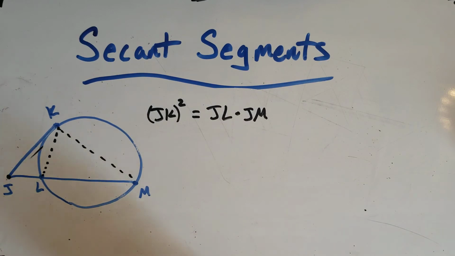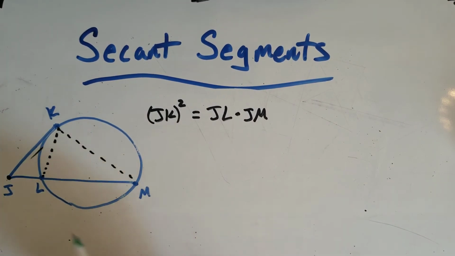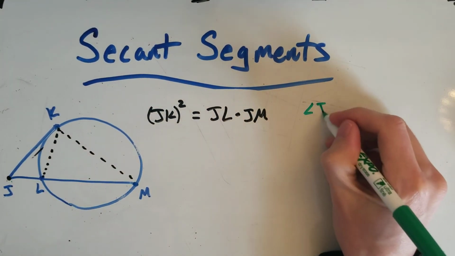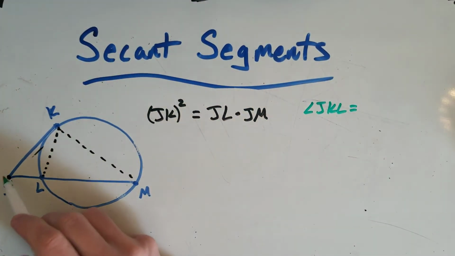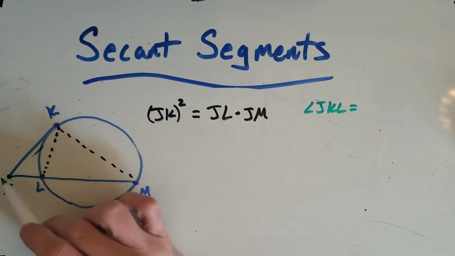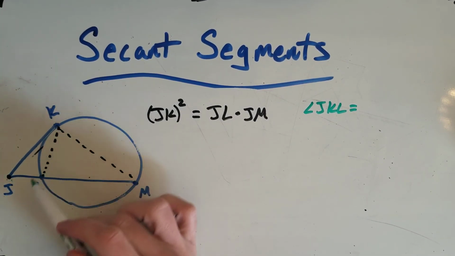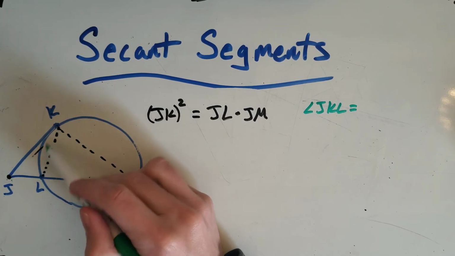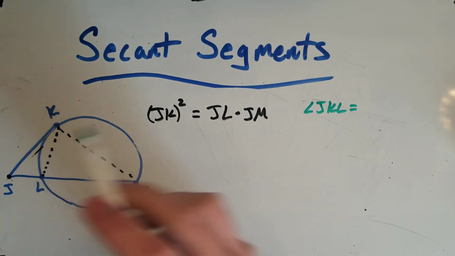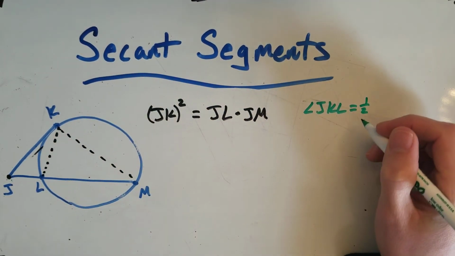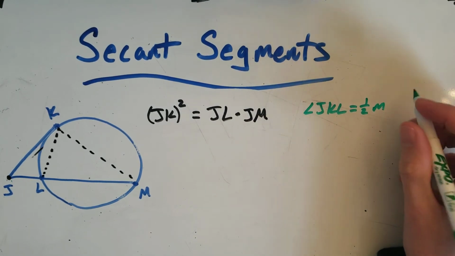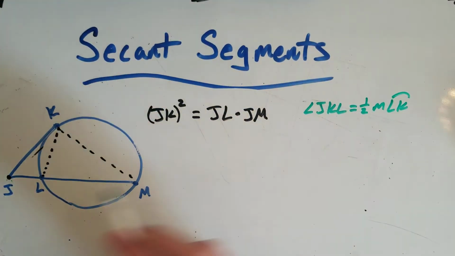If we look at angle JKL, and that's with our tangent here intersecting, notice that we intercept our arc LK, and we should know from a past theorem that we talked about that this is going to be half the measure of that arc LK.